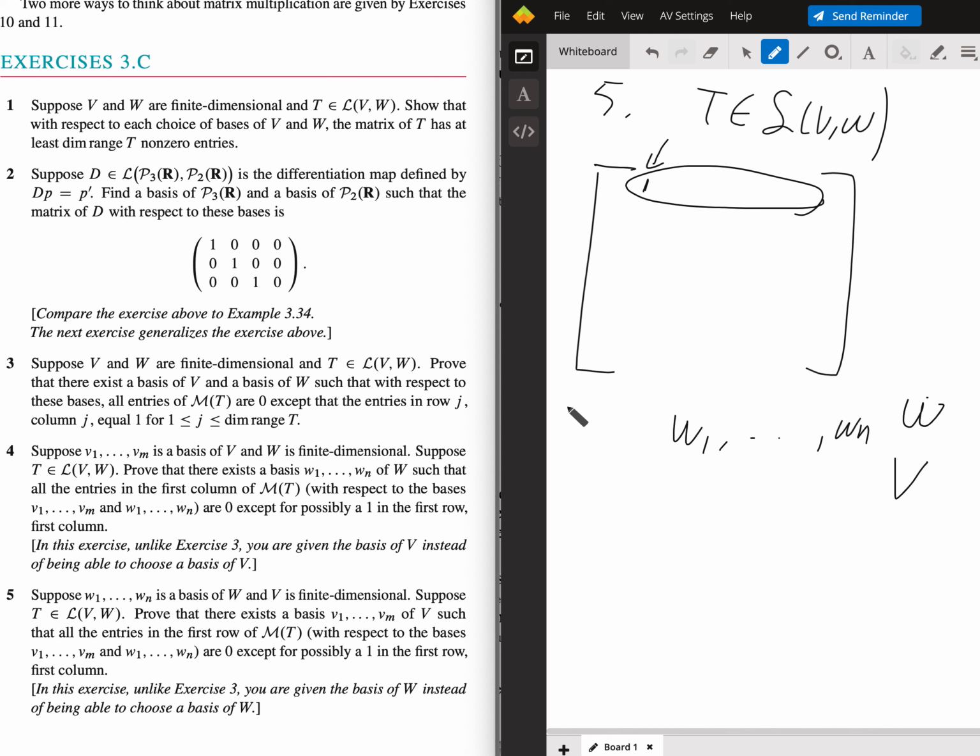I think that you do something very, very similar where you say, well, oh, wait a second. Yeah, man, I screwed up on this one. So they gave you the basis in W, which is actually much more difficult to do.